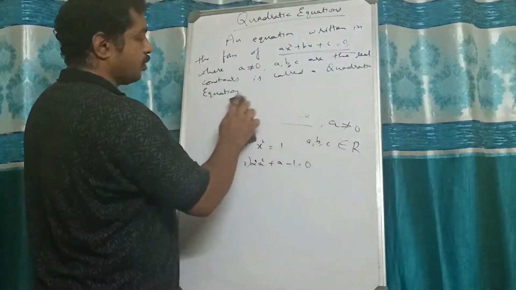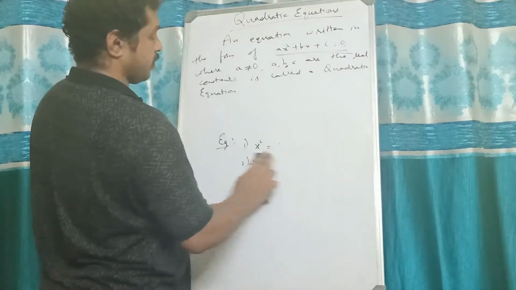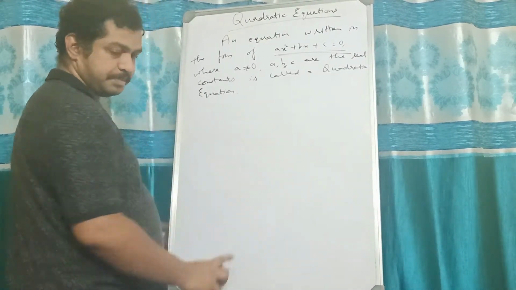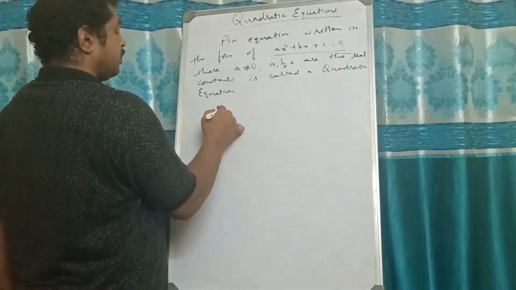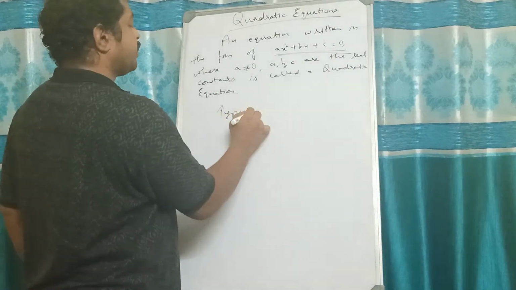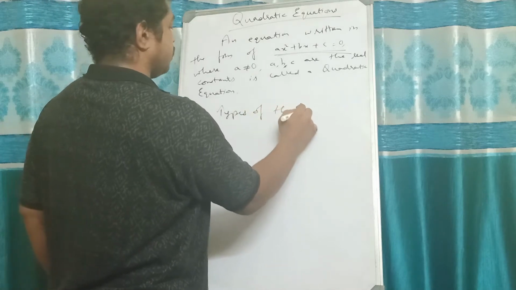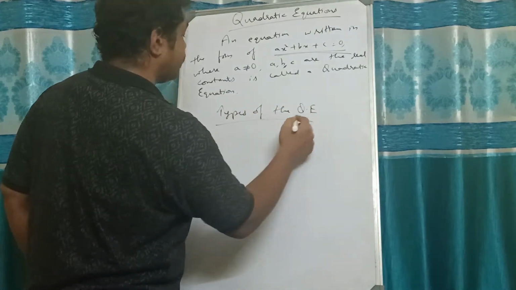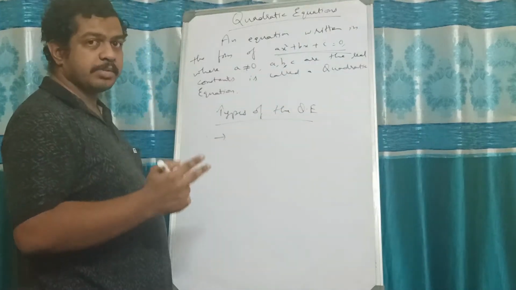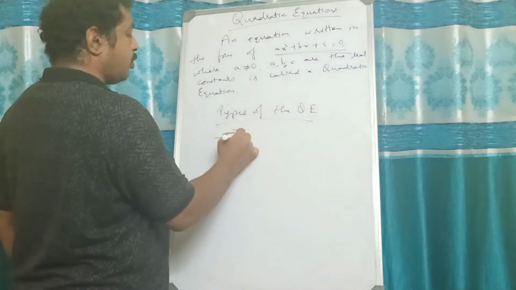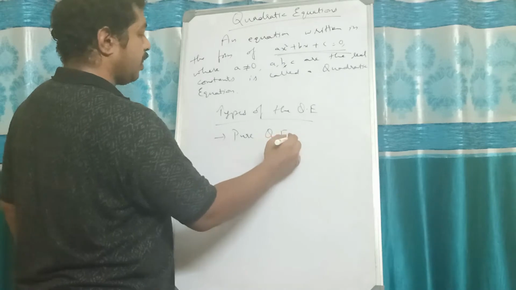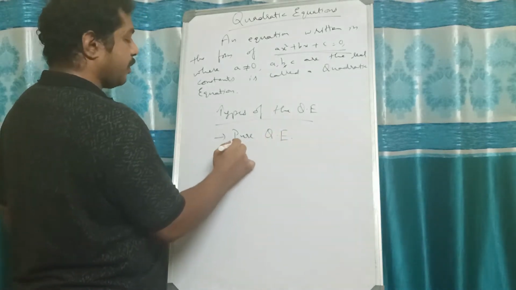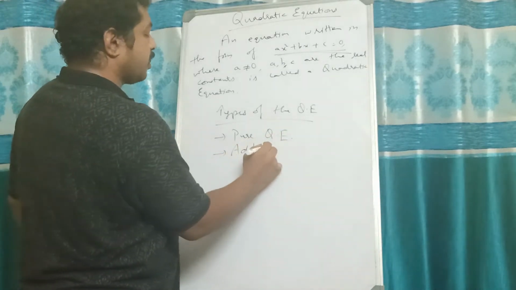Now coming to the types of quadratic equation. Let us see how many types there are. Basically there are two types of quadratic equation. One is the pure quadratic equation, and the second is the adfected quadratic equation.